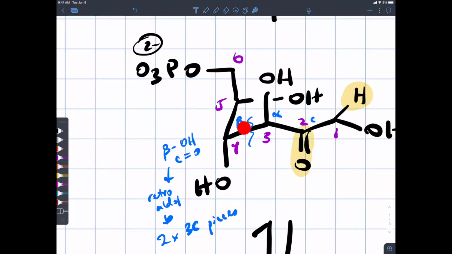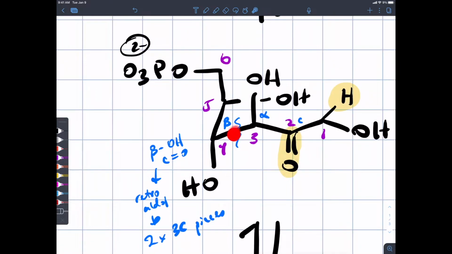And if we break the bond between alpha and beta carbons via a retroaldol reaction, we get 2 equal 3-carbon pieces. And it will turn out, as we continue on, you're going to see how the 2 3-carbon pieces that we get are actually very similar to each other and easily interconverted. All right.